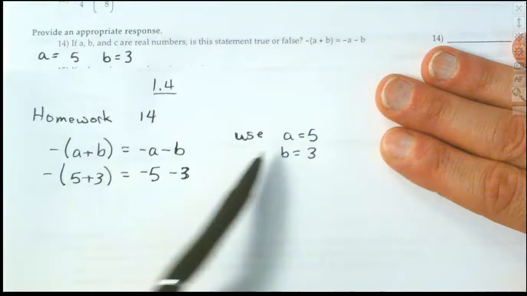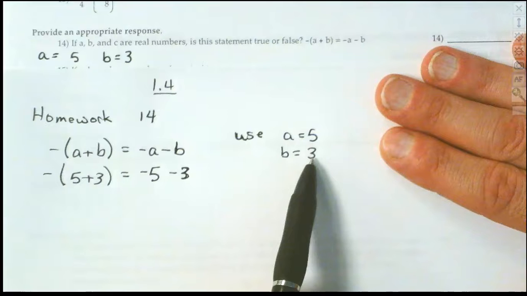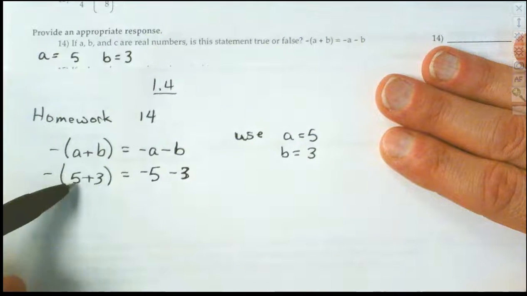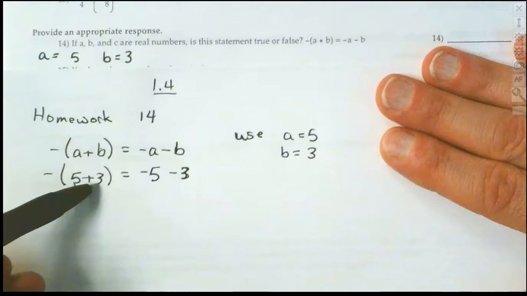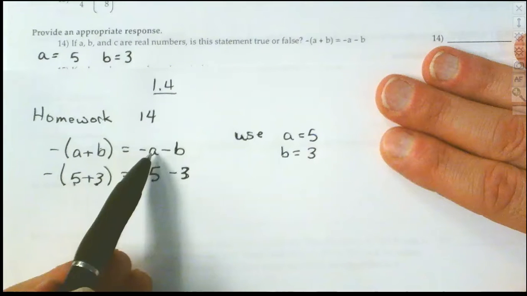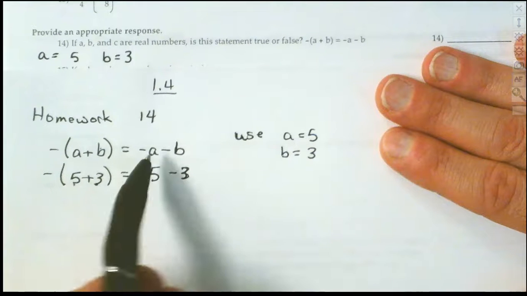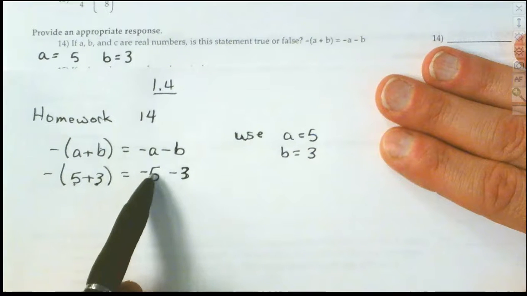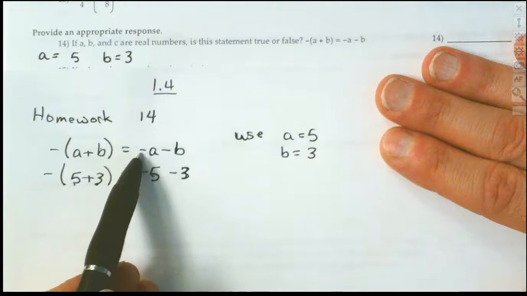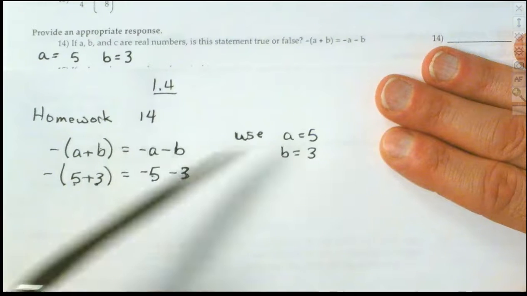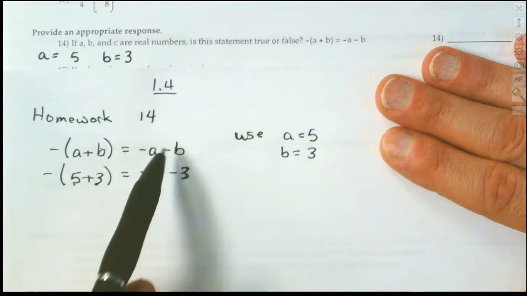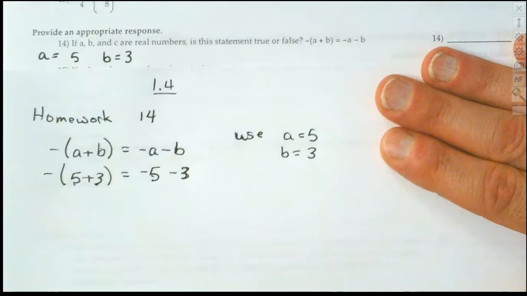So when I plug in my A is 5 and my B is 3, this becomes 5 plus 3 inside my parentheses. Okay. What about the other side? Well, that A is 5, so that A comes down as that 5. And what about the negative? That comes down. Same thing with the B. B is 3. Negative just comes down.